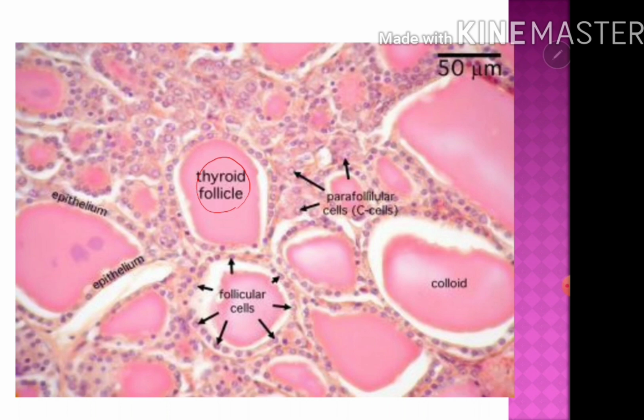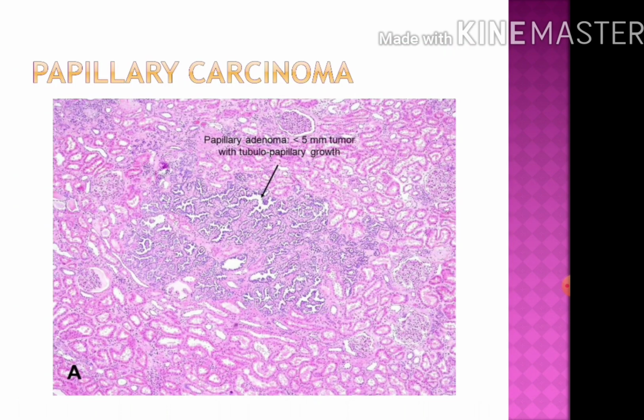The tumor from the C cells is called medullary thyroid carcinoma, and from the epithelium it is either follicular or papillary carcinoma. The papillary carcinoma, which is the most common type, as you can see here, forms a picture like papillae, like a papillary protrusion.